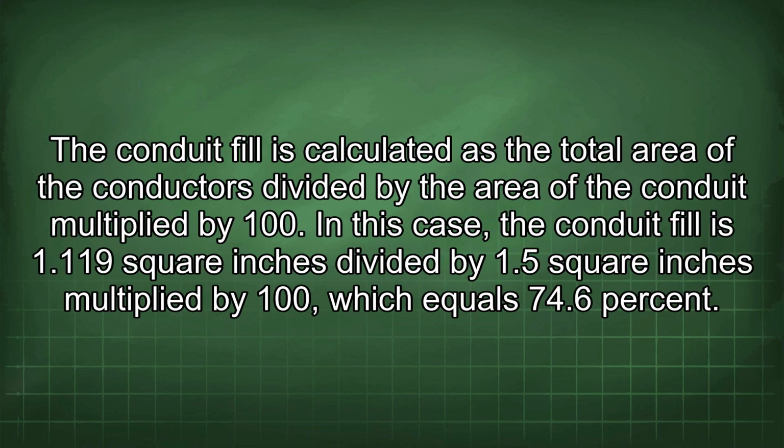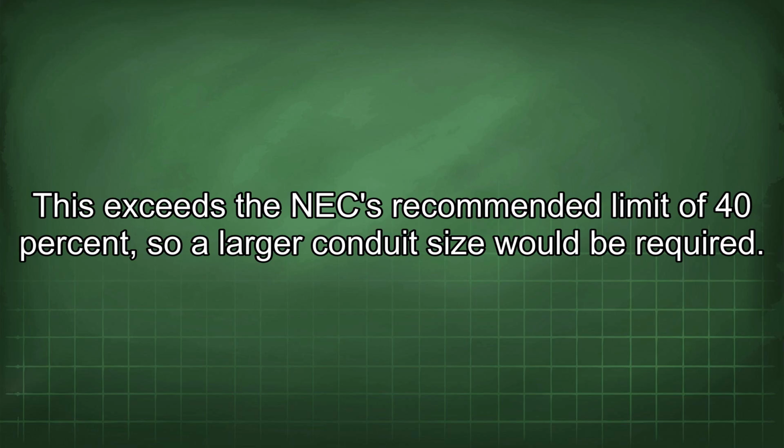The conduit fill is calculated as the total area of the conductors divided by the area of the conduit multiplied by 100. In this case, the conduit fill is 1.119 square inches divided by 1.5 square inches multiplied by 100, which equals 74.6%. This exceeds the NEC recommended limit of 40%, so a larger conduit size would be required.